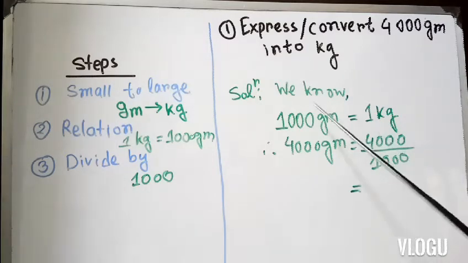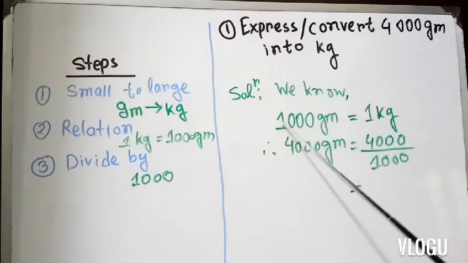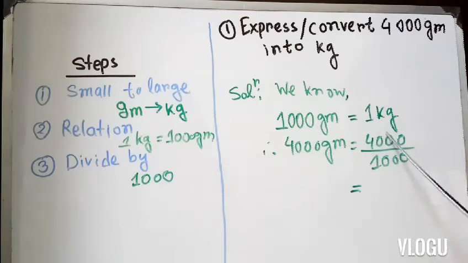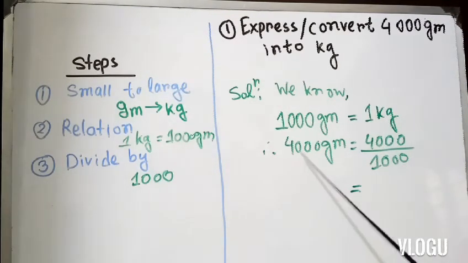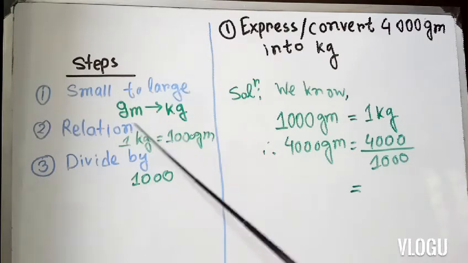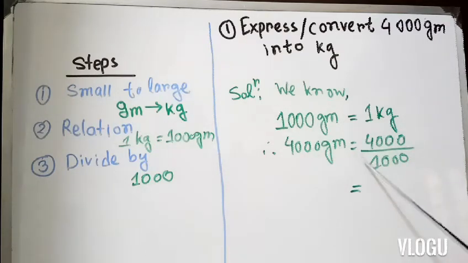So our math is, first we know that 1000 gram is equal 1 kg, so 4000 gram is equal 4000 divided by 1000. Though we have to find out small to large, that's why we are dividing 4000 by 1000.